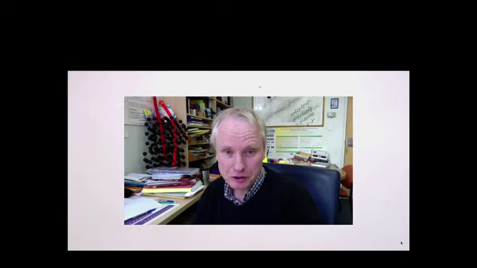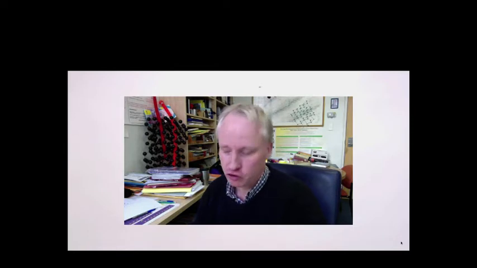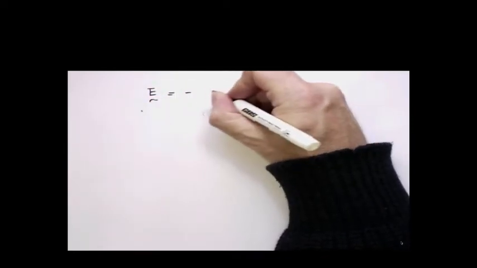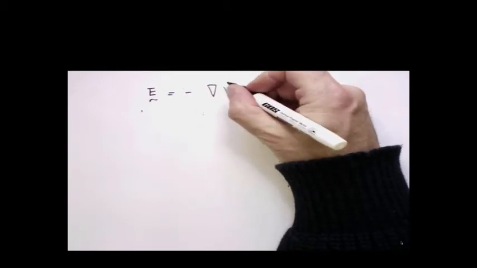This is possible because the electric field is always equal to the negative gradient of the potential. E is equal to minus gradient of V.